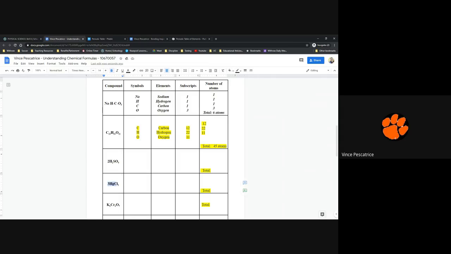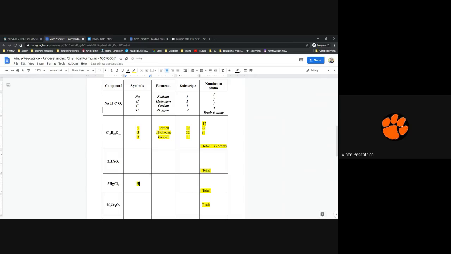All right, I'm gonna do this one here. You need to pay attention and see which one I'm pointing to, because I'm not doing the next one. I'm going to show you how to do this one. So, list the symbols.